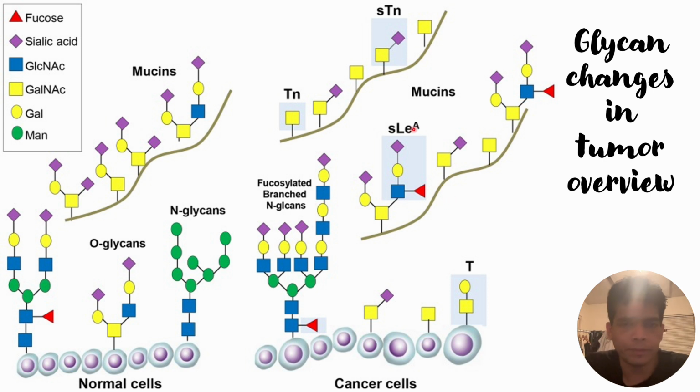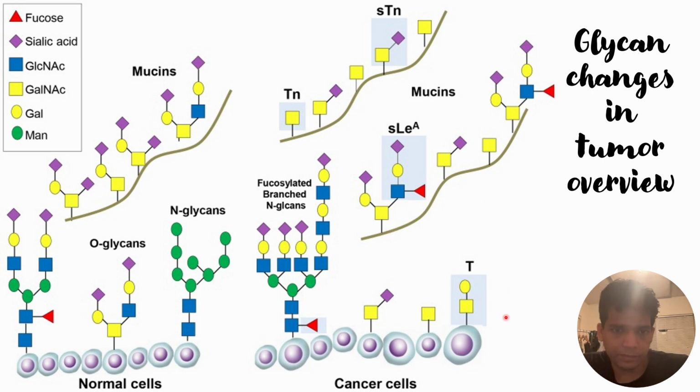A few more unique antigens found in cancerous cells: one of them is the sialyl Lewis A structure. In this case, fucosylation has been observed in the O glycans, as presented here in the O glycosylation of the mucin glycoprotein.